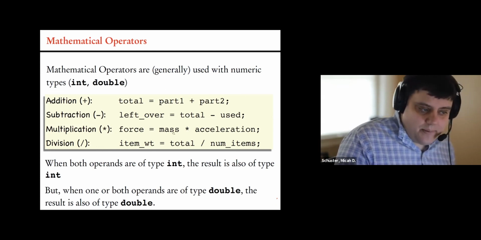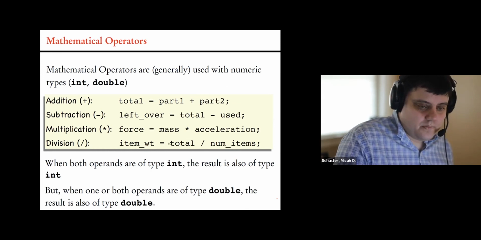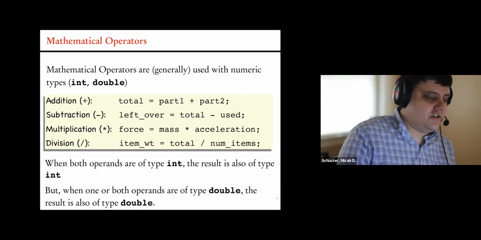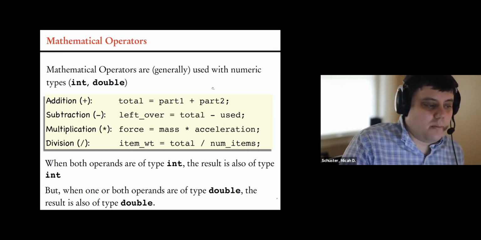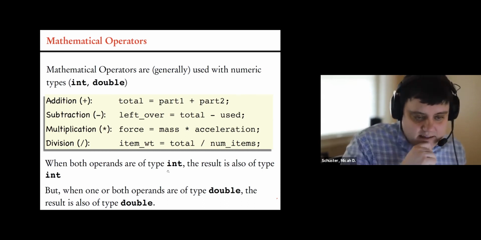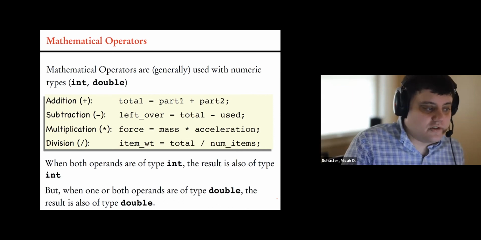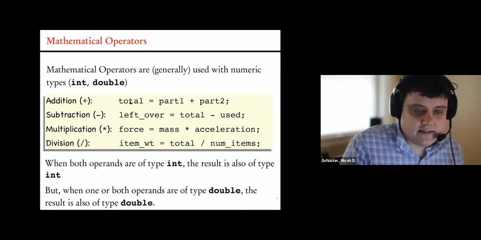Depending on the type of the things on the right-hand side of the equals, that determines what you're going to get on the left-hand side. So when both operands, for example part 1 and part 2, are both int, the result is an int. So if part 1 and part 2 are both ints, then the result that it's going to try to save will be an int.